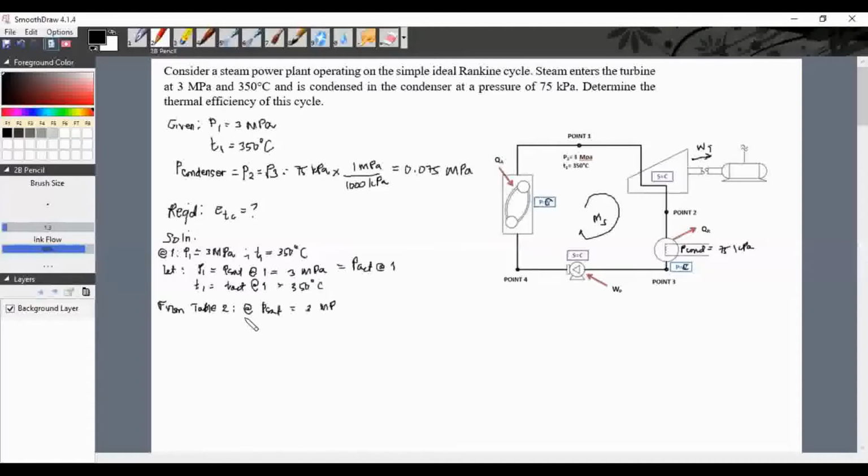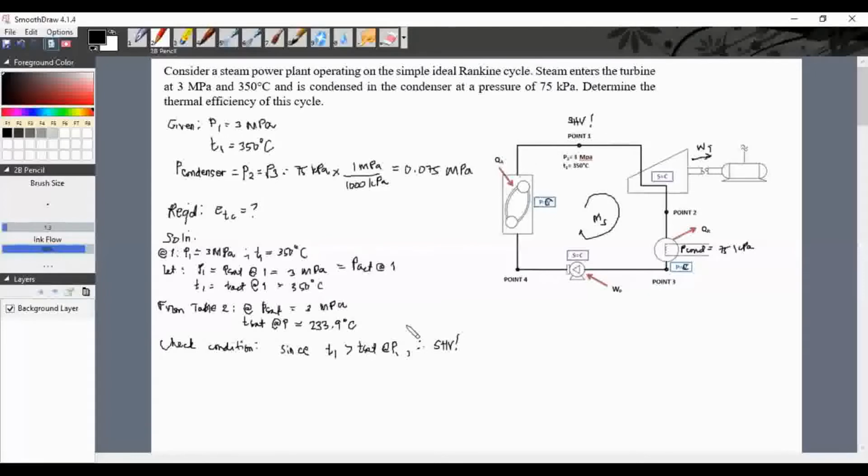Yung katapat niya, T saturation at 3 megapascal, nakalagay ay 233.9 degrees Celsius lamang. So, check natin ang condition of the steam. Since T1 is greater than T saturation at pressure 1, therefore, it is a superheated vapor. So, ideally naman talaga, dapat superheated vapor yung ating point 1.